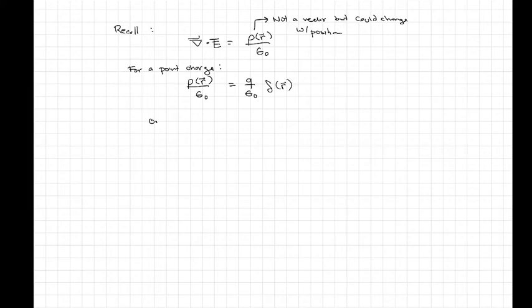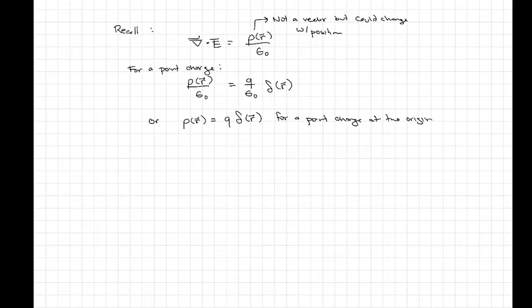Or I can rearrange this and say that the volume charge density, or the amount of charge per volume, for a point charge is equal to Q times the Dirac delta function, which is to say that the amount of charge per volume goes to infinity when my volume shrinks down to 0. Again, this is for a point charge at the origin. Hopefully that makes sense.